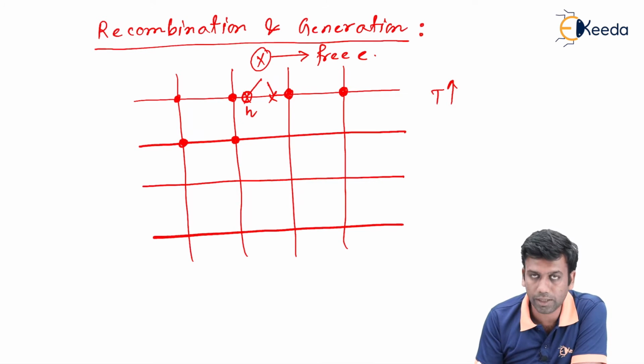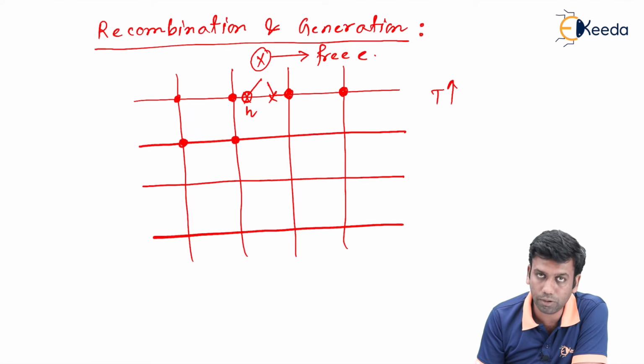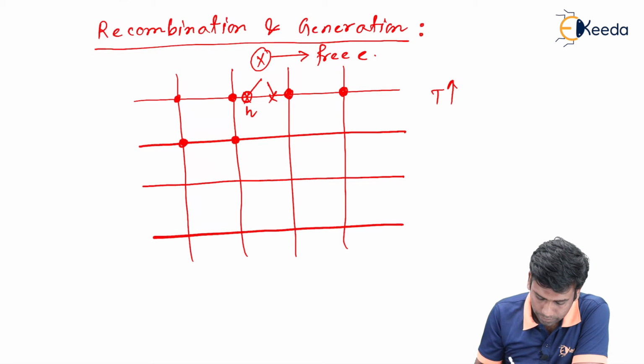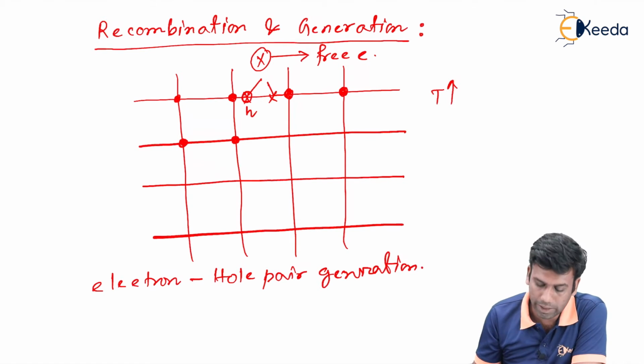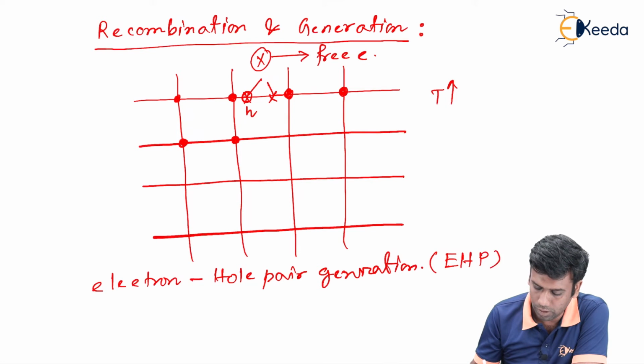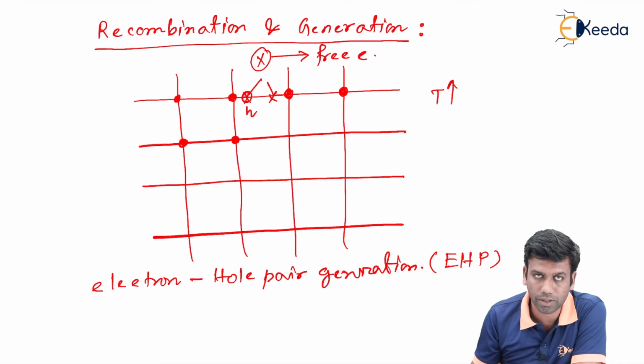This process is called electron hole pair generation. In short, we can say that it is EHP, or electron hole pair generation. So this is the generation process of electrons and holes simultaneously.